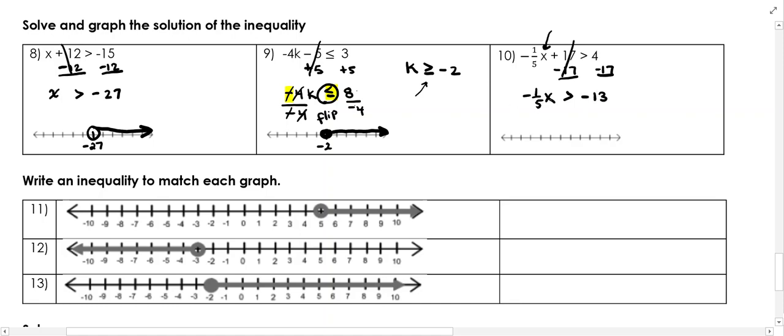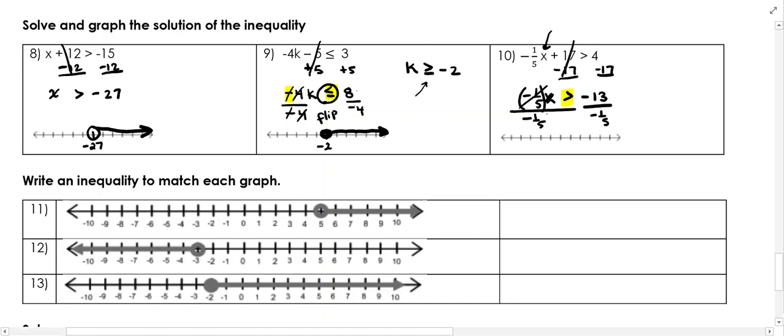Our x is currently being multiplied by negative 1/5. Really, honestly, the easiest thing to do is to just divide by negative 1/5. But if you divide by a negative number, remember, you need to flip the sign. So that one needs to flip.